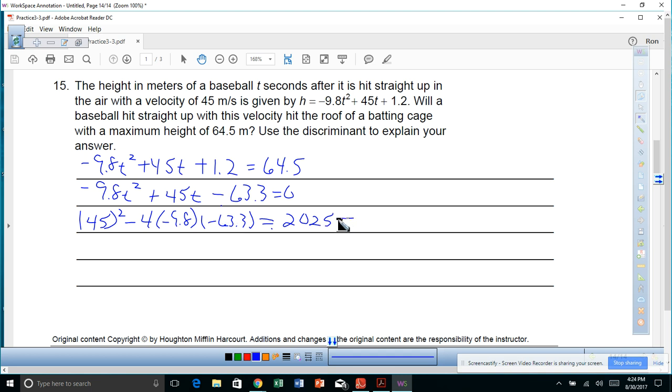So that's going to be minus, because negative, negative is positive, and positive, negative is negative. 4 times 9.8 times 63.3 is 2481.36. So our answer is negative 456.36. Since the answer is negative, we're going to say no. All right, it will not reach.